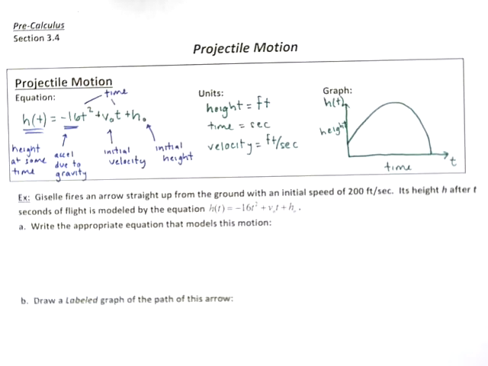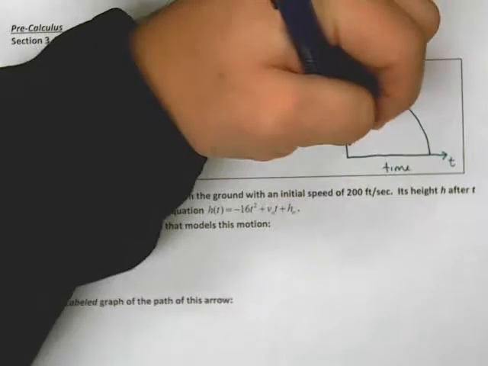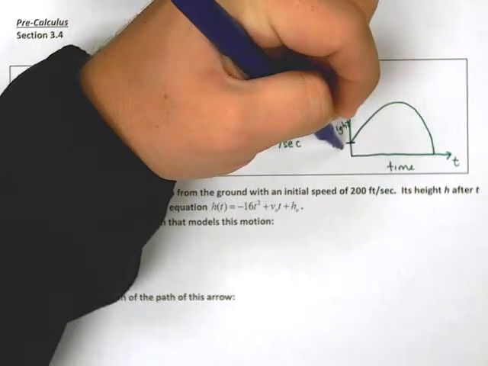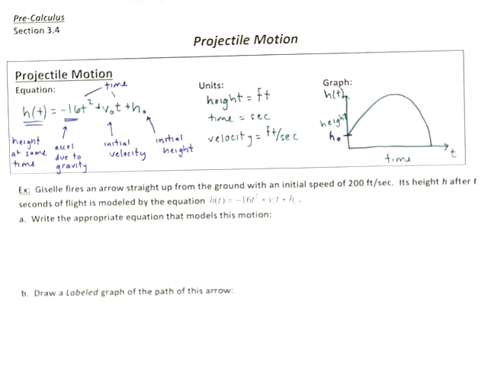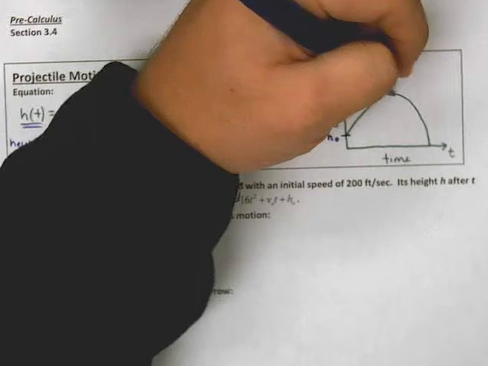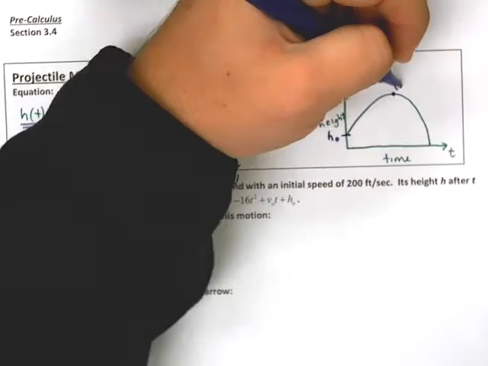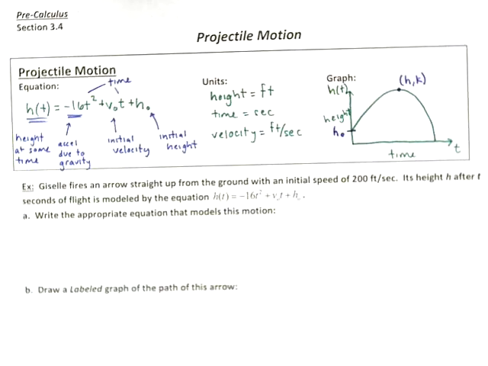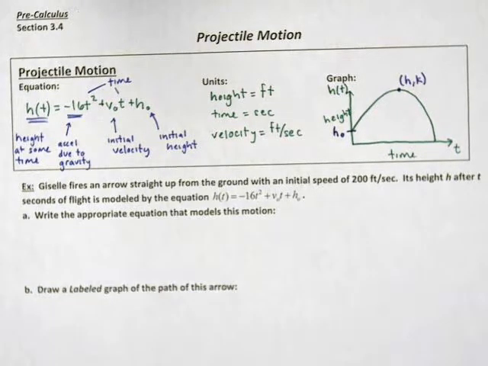Now the last thing we need to know here, h naught is always going to be the y-intercept. Okay? One more thing, let's add h and k to our picture as well. Okay, so let's jump into an example.